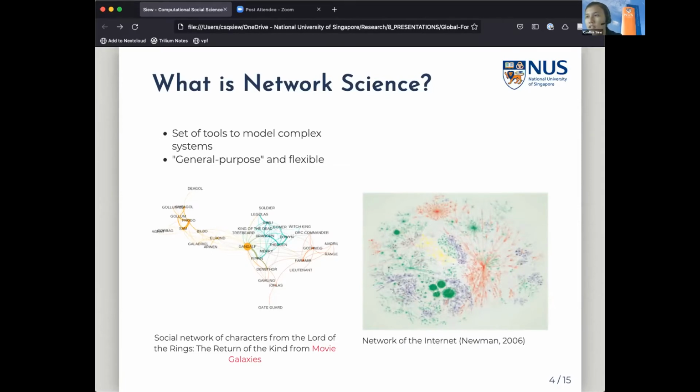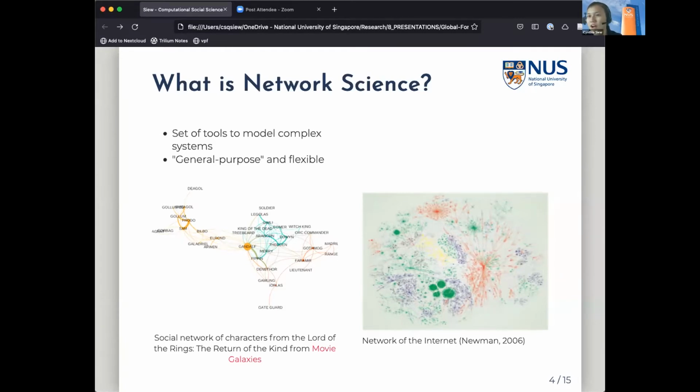Sociologists use it to study social networks. They developed a lot of the concepts of network science in the 60s and the 70s. More recently, physicists and computer scientists are getting on it, leveraging the existence of big data and developing the theory and the mathematics behind it even more in the 2000s.